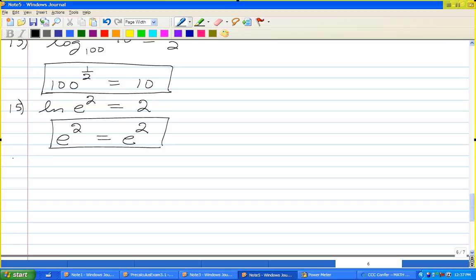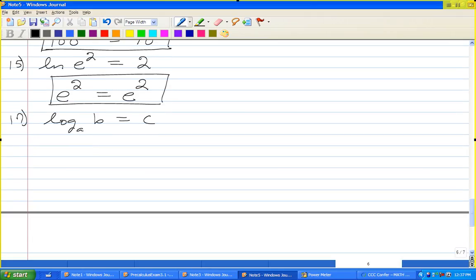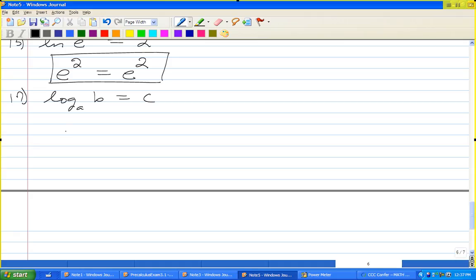17. Log a b equals c. So the base is a, the exponent is c, and the result is b. 19. ln e squared equals d.